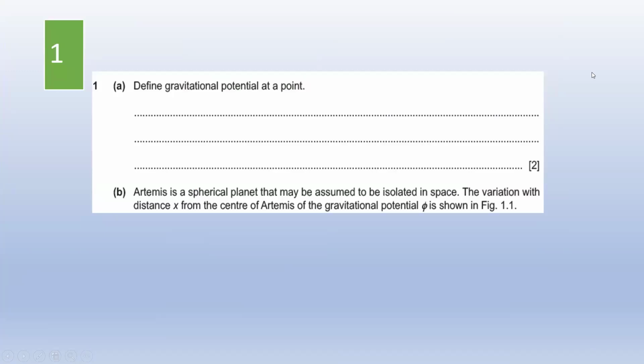Define gravitational potential at a point. Okay. You can try without looking at the answer. Speak, and you can listen to it also, and memorize it again.